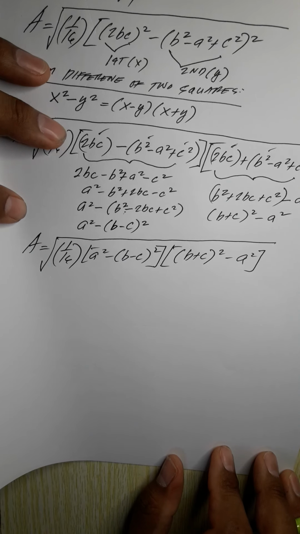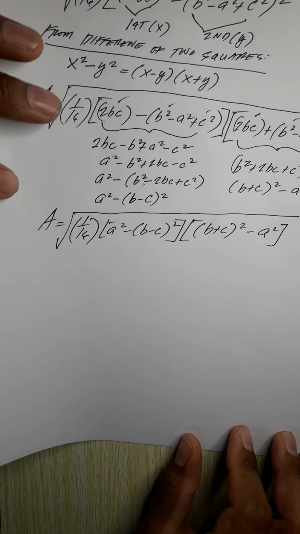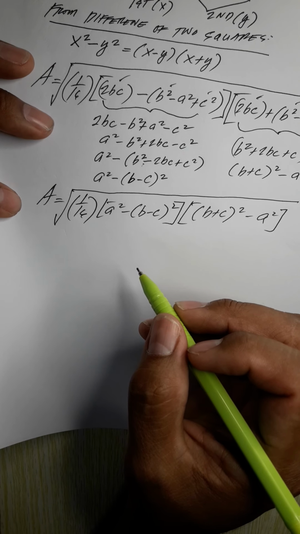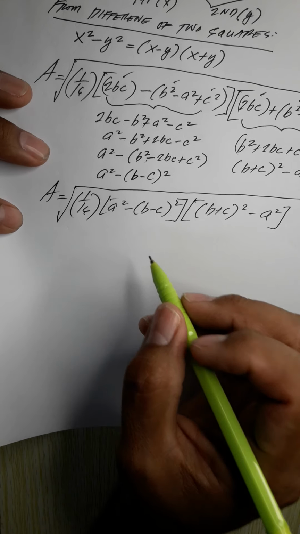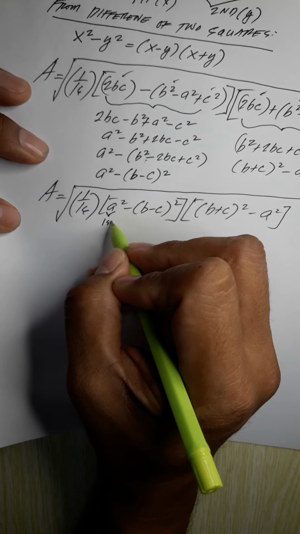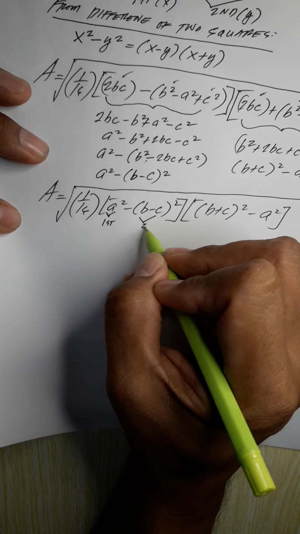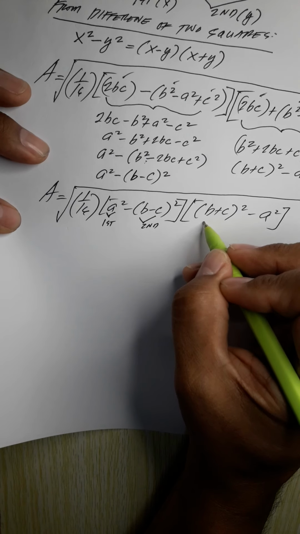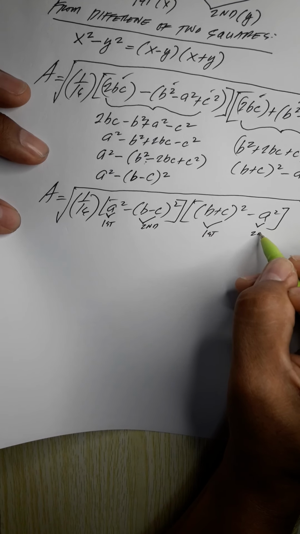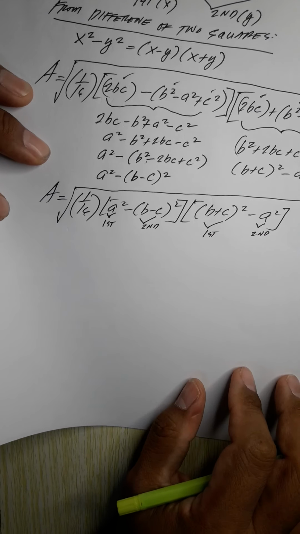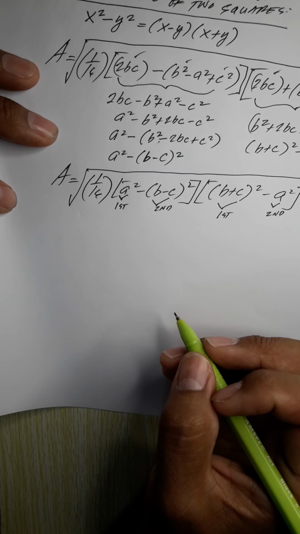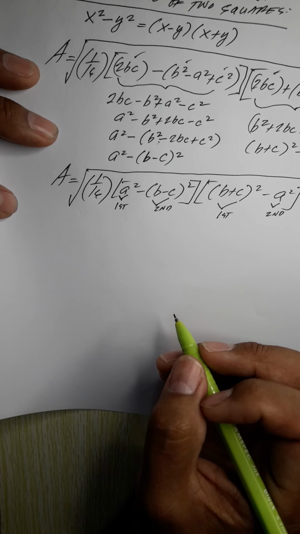Okay, and then we can apply again the difference of the squares, because here is our first term, here is our second term, here is our first term, and here is our second term. Okay, so we perform again the difference of two squares.